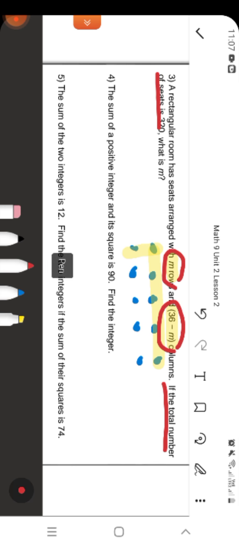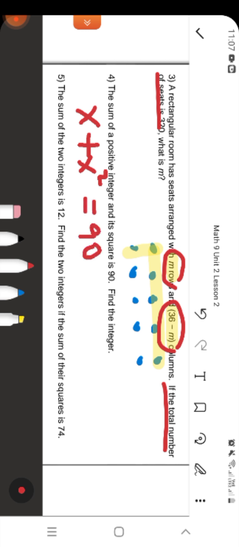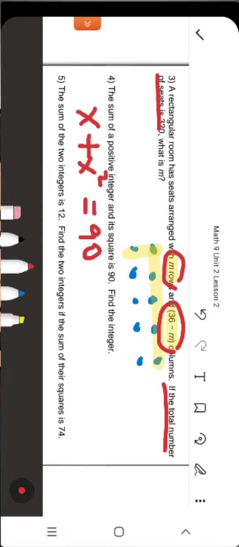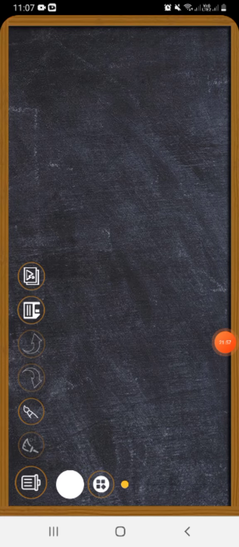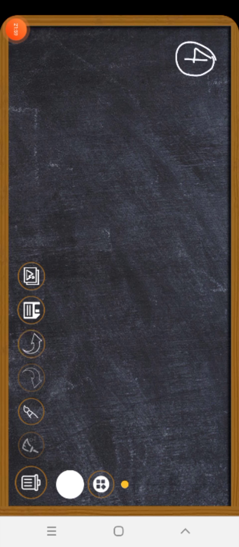We let the integer be x, and the sum of x and its square is 90. So we have our equation. Let's put it on our blackboard. Number 4: let x be our integer.